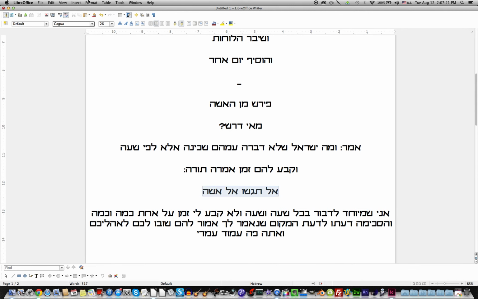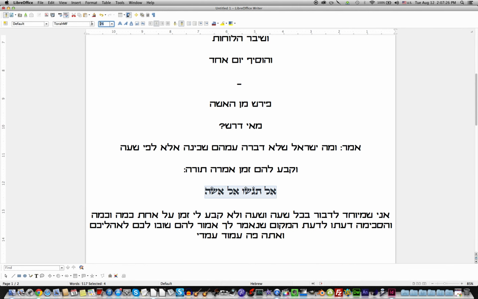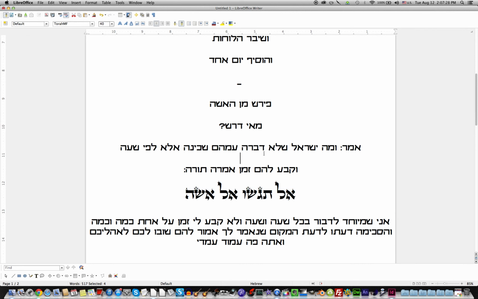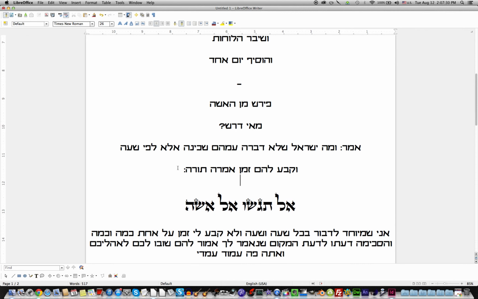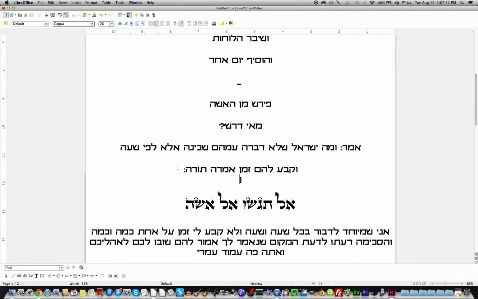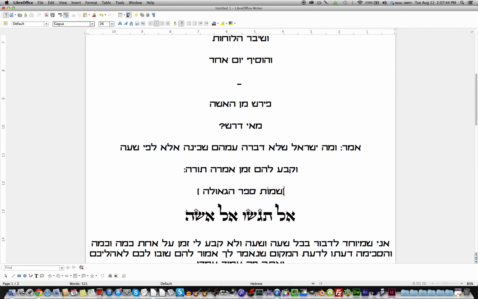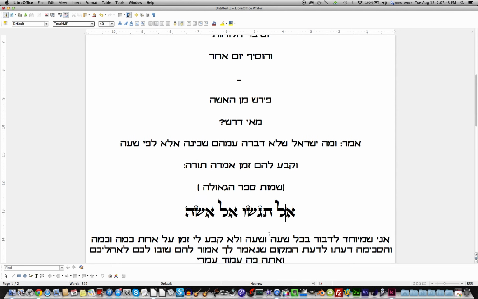Like, this is a pasuk, so I'm going to make that bigger. This is probably Shmot, right? Shmot, Sefer HaGeula, and I don't know where exactly what pasuk this is, but this is by Har Sinai, I'm assuming, for 3 days.